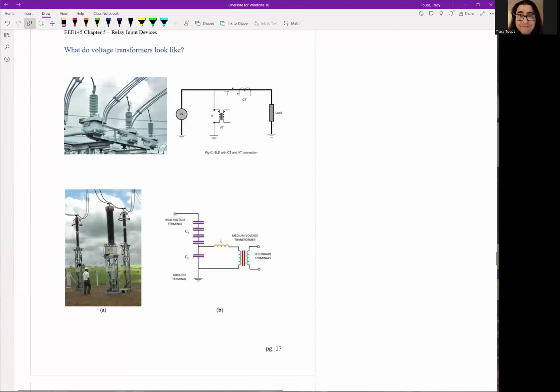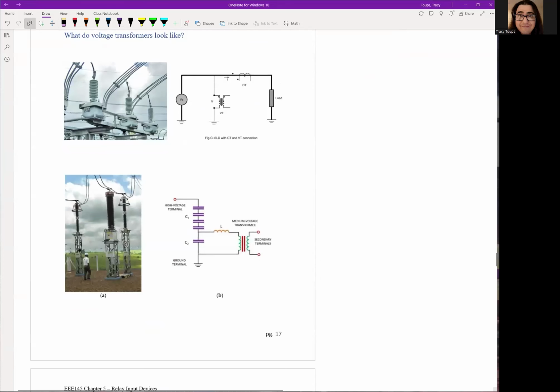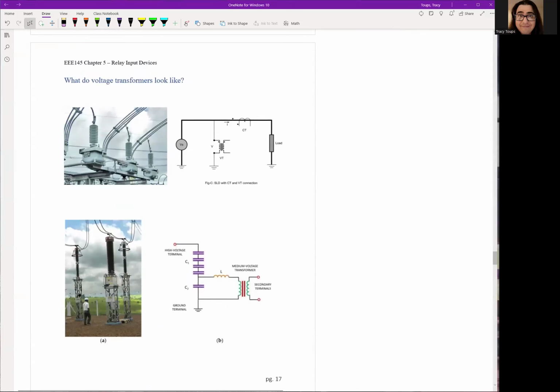Okay, now what do they look like in the real world? Well, here are some decent pictures to show you. The right-hand side is a diagram of what it looks like. Left-hand side is the actual picture. Now I'm going to try to show you what device is actually what, because it's kind of a little smushed up together. So you have your main line, and then a VT will typically, quote, hang off a line.